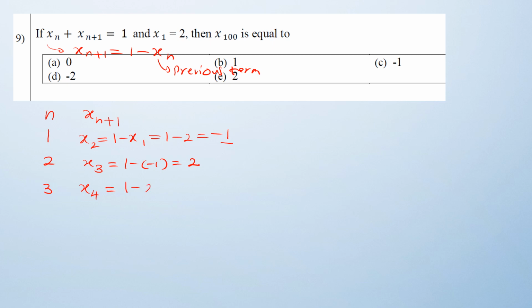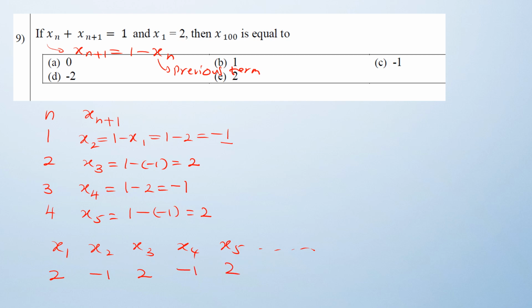That is 1 minus the previous term 2, equal to minus 1. x5, that is 1 minus the previous term minus 1. Again we have 2. So we have a sequence of 2, minus 1, 2, minus 1, 2, minus 1 again, starting from x1, x2, x3, x4, x5 and so on. x1, 2, minus 1, 2, minus 1 alternately.